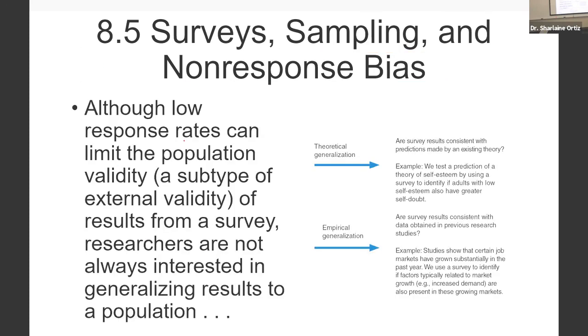Now, there are some factors about the non-response bias. If we have a small rate, that could limit that validity, right? It might not necessarily be a problem to you because sometimes I'm not interested in generalizing results.